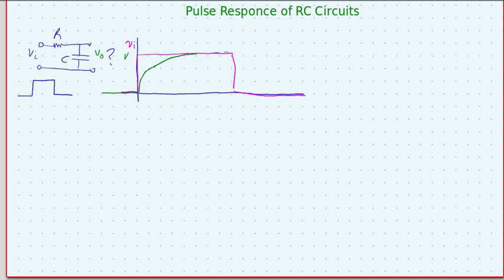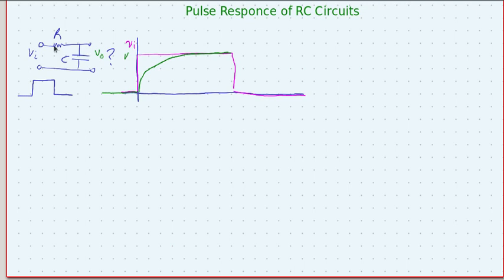it reaches the maximum. So as long as the pulse is there, the capacitor retains the charge, but the moment pulse goes down, then the voltage input is zero, and we have V across capacitor.